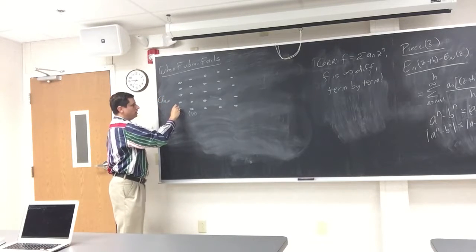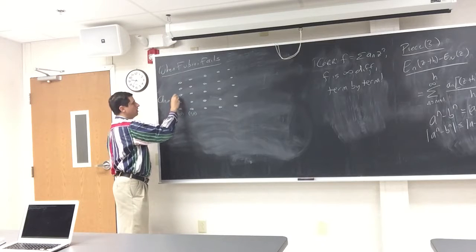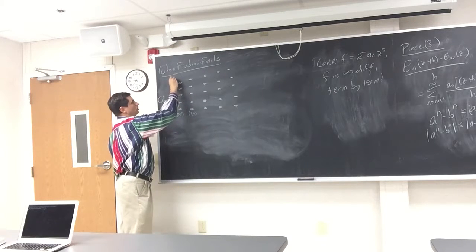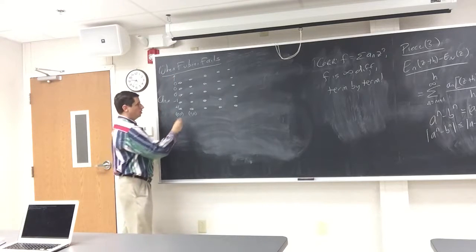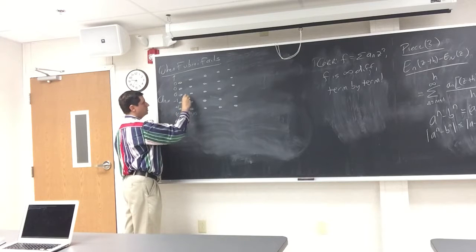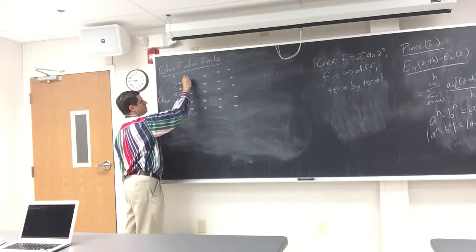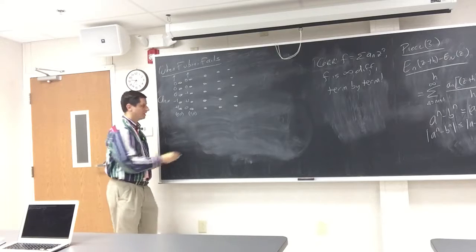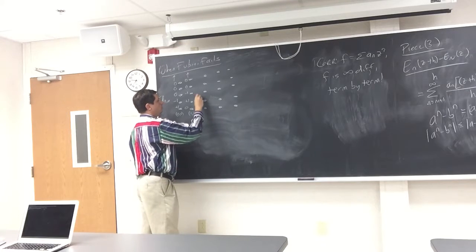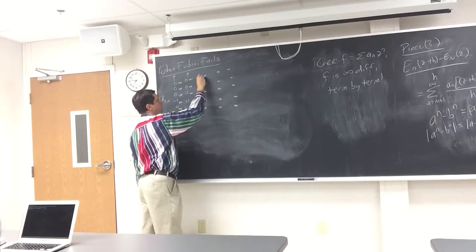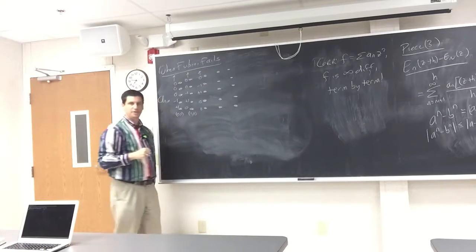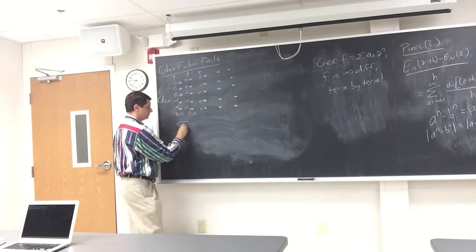It's going to be +1 here, -1 here, and 0 going off to infinity. Over here, it'll be 0, +1, -1, and then 0 going off to infinity. Then 0, 0, +1, -1, 0 going off to infinity, and so on and so on.